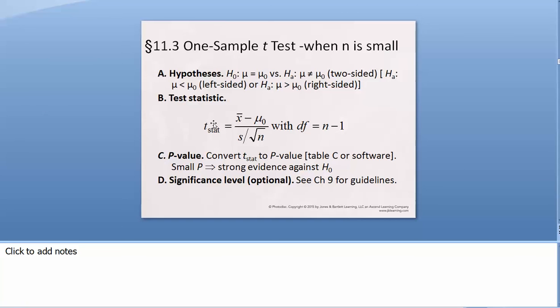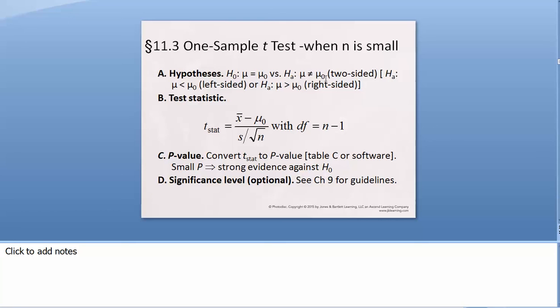Now, one sample t-test. If you compare with chapter 9, the hypothesis that we set up is exactly the same. We will always have the null hypothesis to be mean equal to a specific mean mu 0.